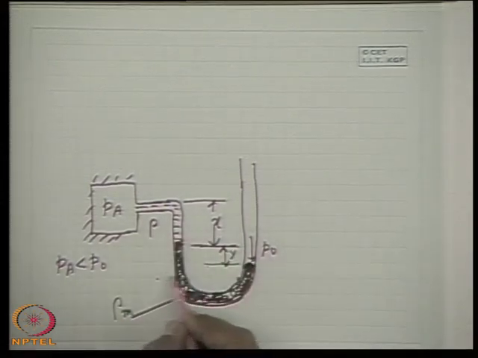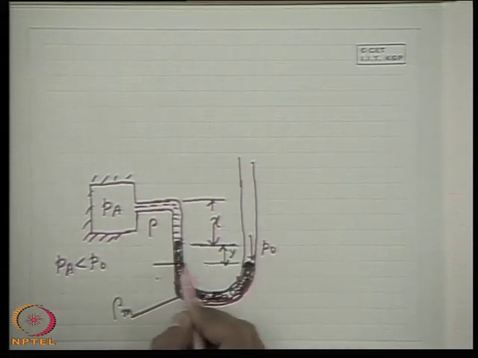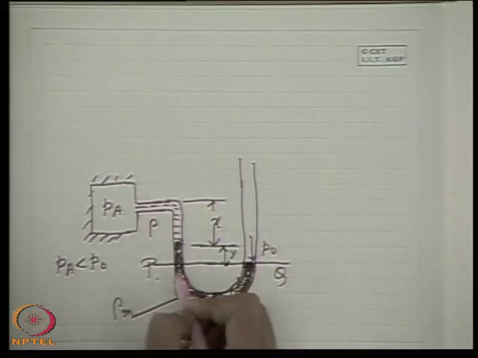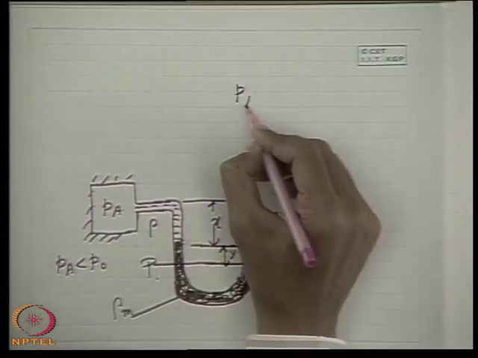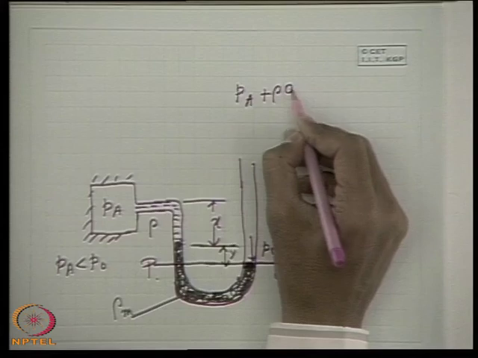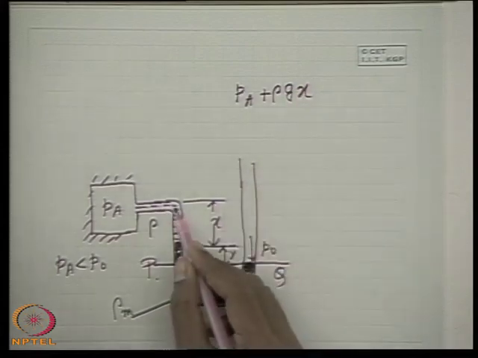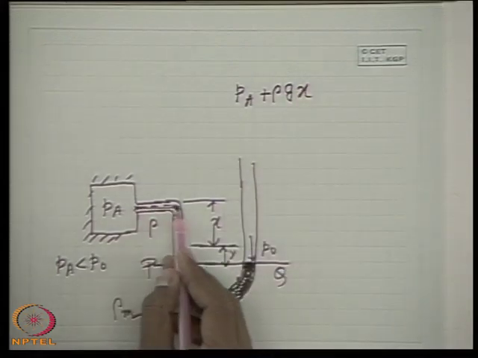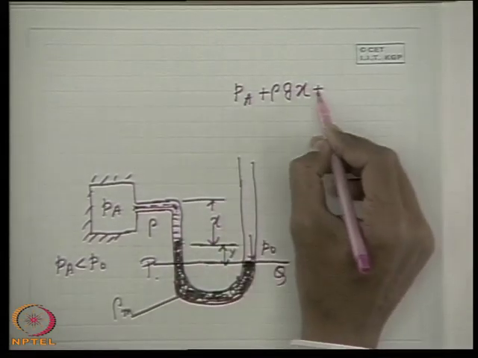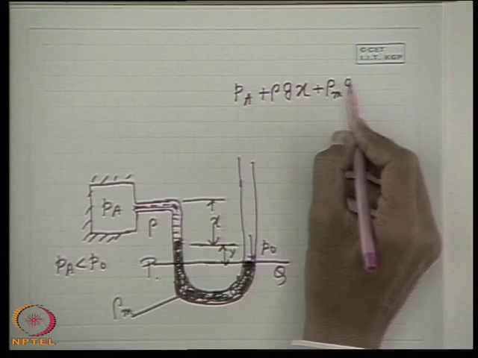Now, for the equation, we will select the same line PQ and find out the pressure from here. This side Pa plus rho G x, that means Pa is the pressure here, which comes straight here, so the pressure here is from the rho G x of this column of liquid. Then the pressure here will be plus rho m G y.